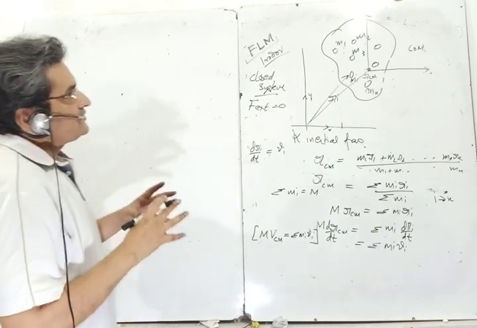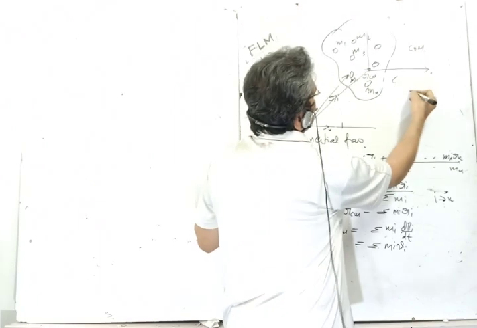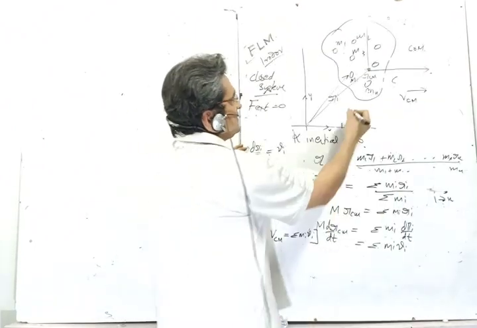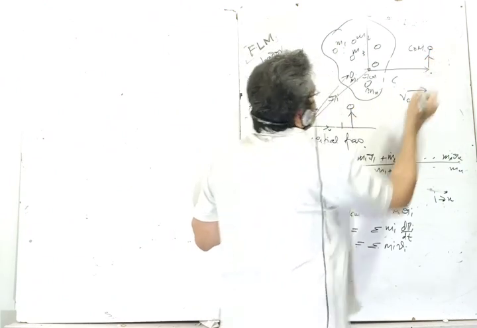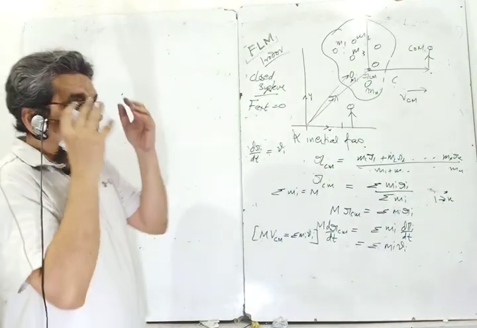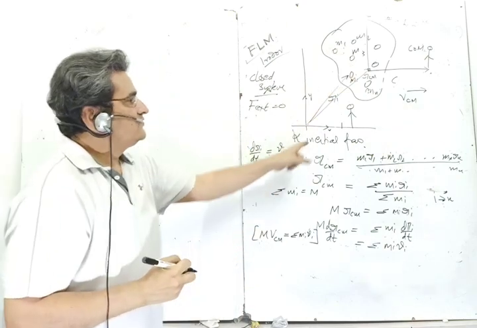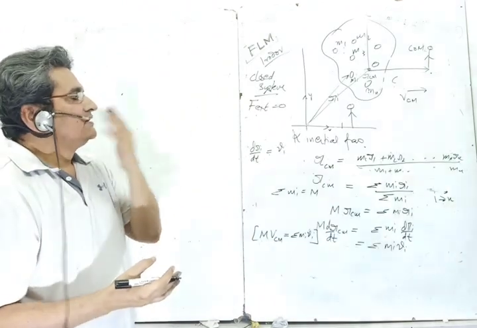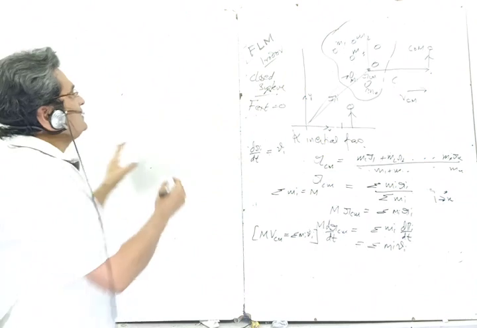Now let me introduce a C frame. This C frame is moving with the velocity of v center of mass. A person is standing in K frame and a person is standing in C frame. The person standing in C frame measures the velocity of each particle as per what he sees. He is fixed to the C frame, and the other is fixed to the K frame. So one sees what is actual, that is V1, V2, V3, but the other will see Vi dash.